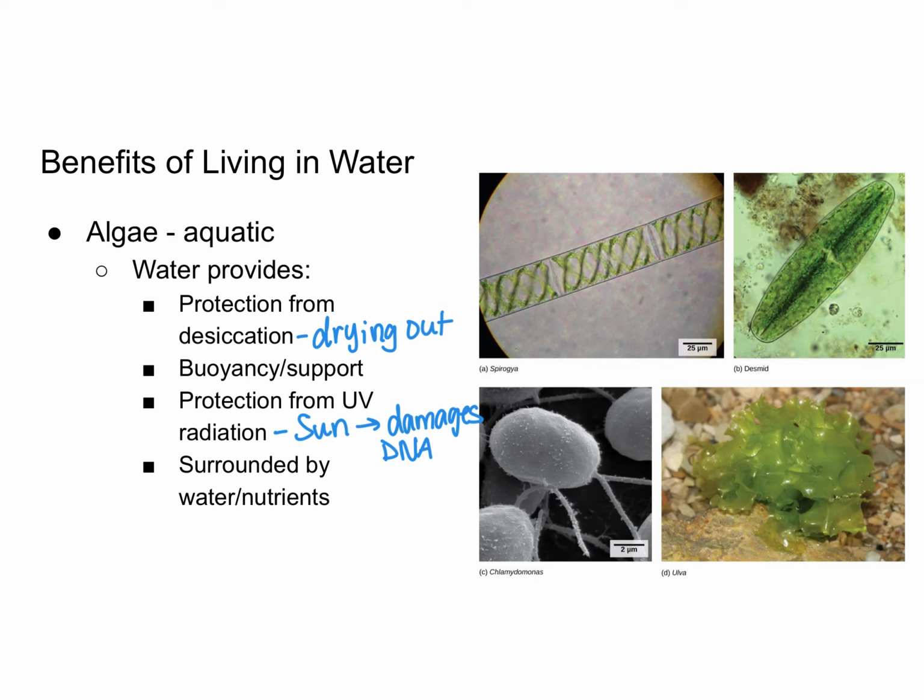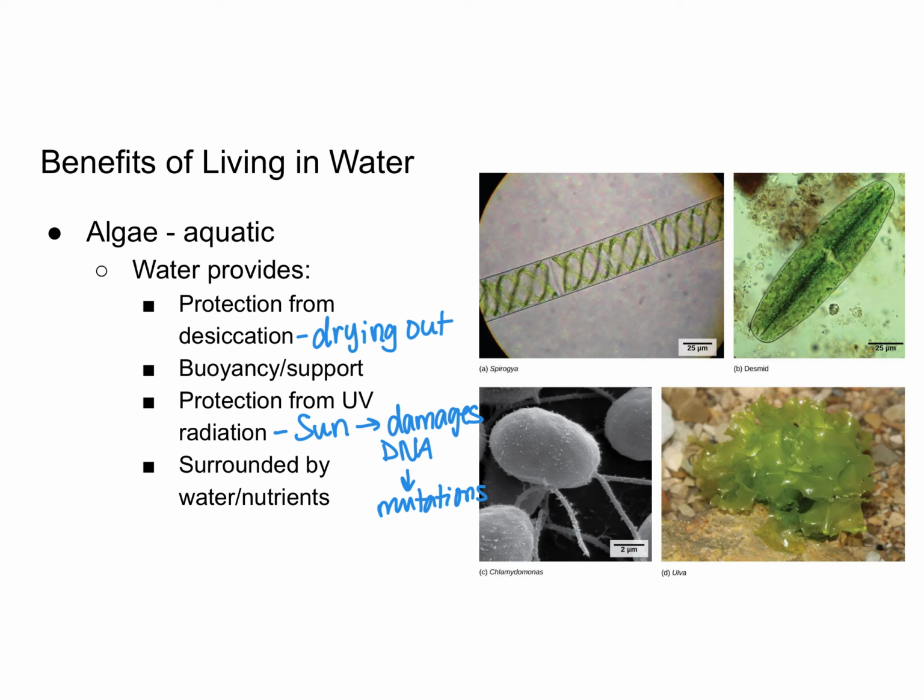And by damaging DNA, it can cause things like mutations, which can lead to problems including cancer. So the water helps to filter out a lot of the UV radiation, but plants on land don't have that water protection, so they had to figure out how to survive that increase in UV radiation.